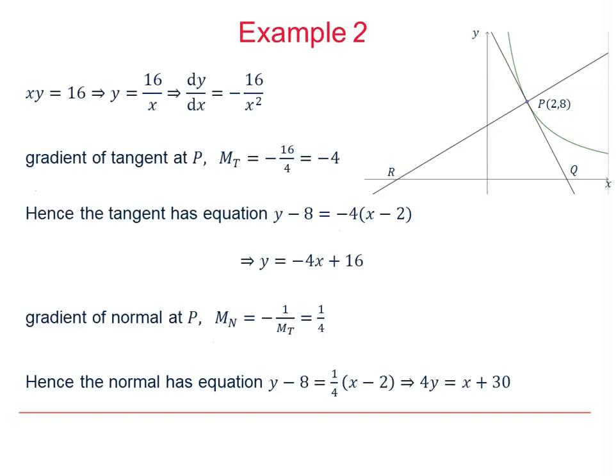So just pause the video for a moment, work through that, make sure you fully understand what is happening, that we've actually worked out the gradients using differentiation, and then the straight line equation to go from there.